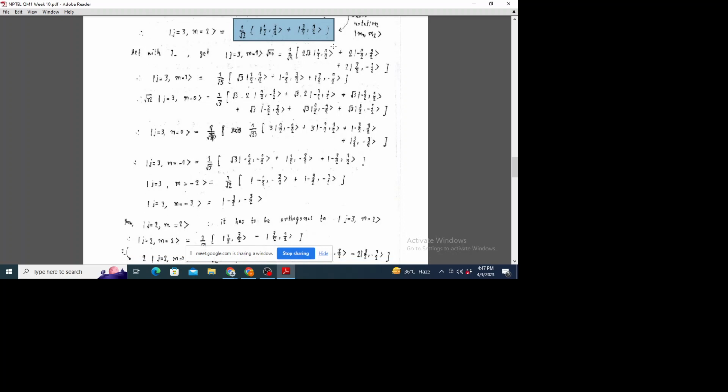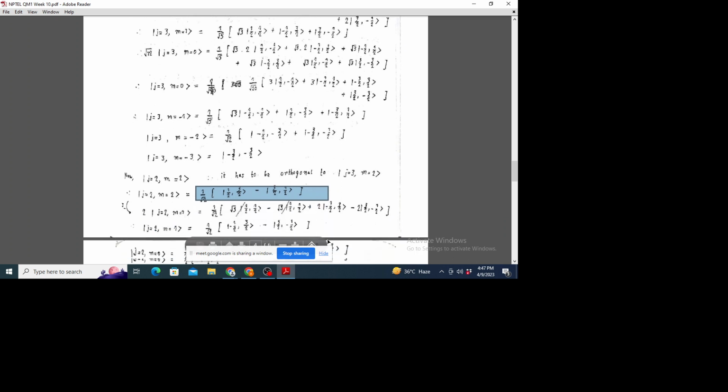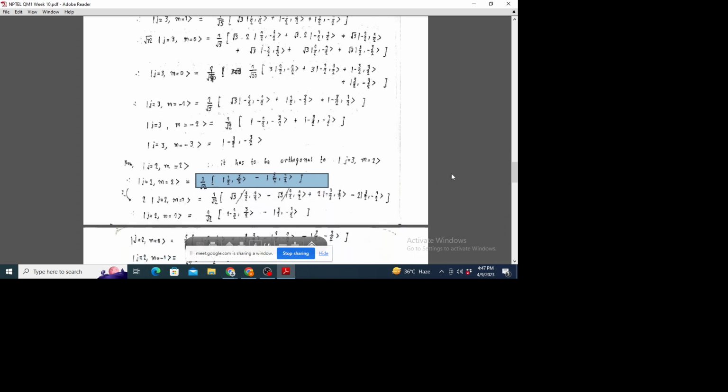Okay. So we easily find the linear combination that is orthogonal to this state to be this one. So that is how we find j equal to 2, m equal to 2.